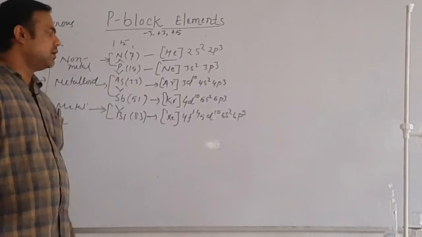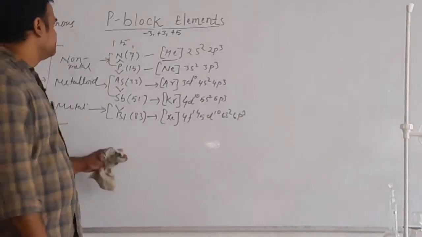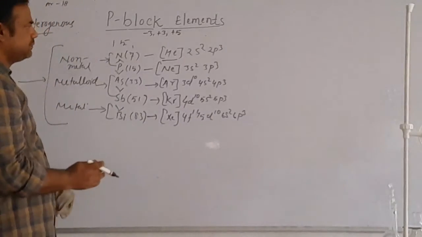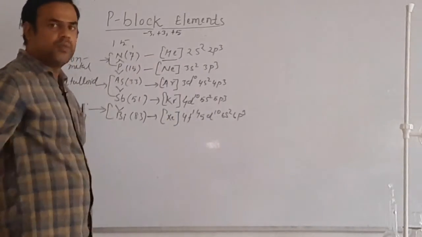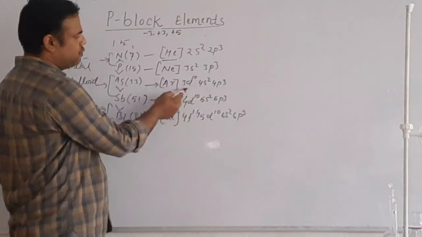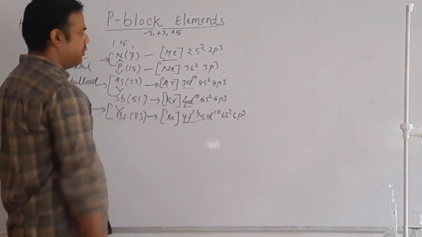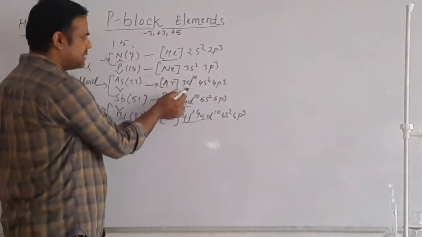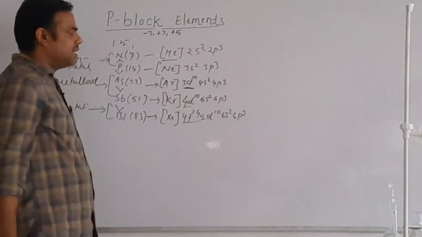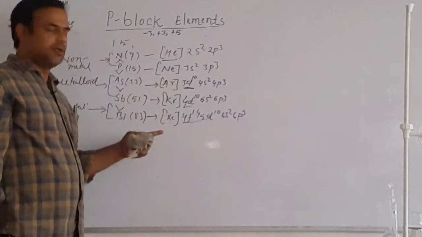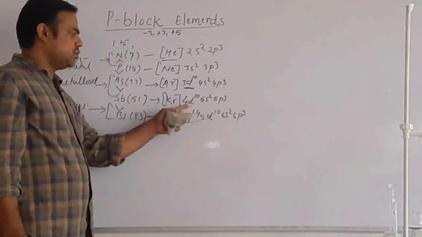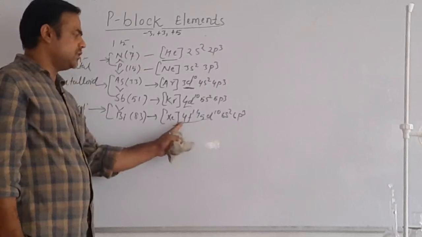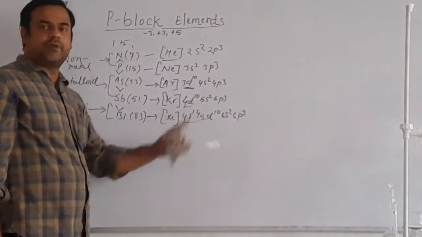Here we can notice one important thing: as we move down the group, electrons are entering into d and f orbitals. In arsenic, before entering 4s, electrons enter 3d10; before 5s2, electrons are in 4d10; before 6s2, electrons are in 4f14 and 5d.